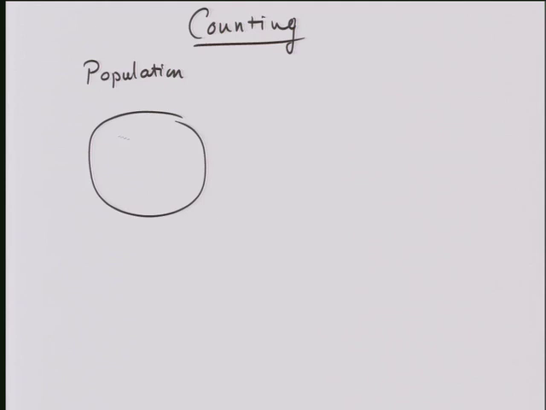We are given a population, and maybe this population happens to have 6 individuals in it. Maybe we label the individuals 1, 2, 3, 4, 5, 6.